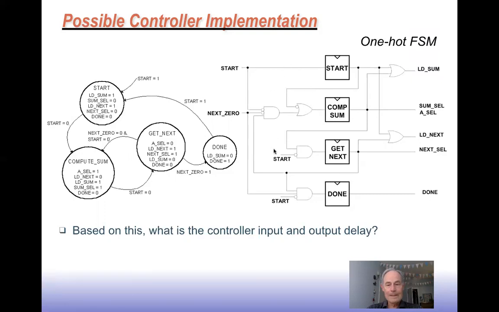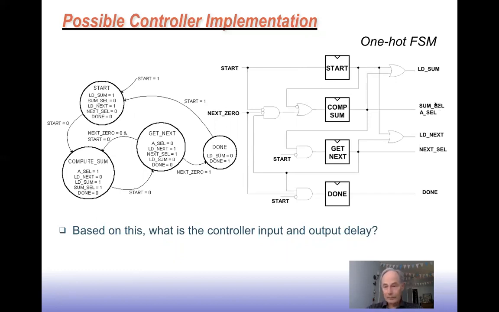Okay, and then this is the circuitry that gives us the transition from state to state according to our inputs, start and next 0. And then these are the outputs, which are the control points in our data path. We got the A select multiplexer, that's the address selector multiplexer in front of the memory.